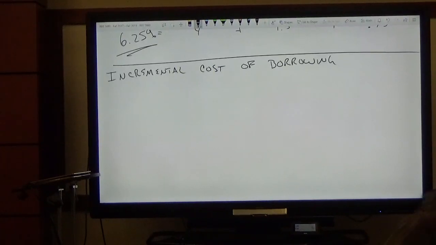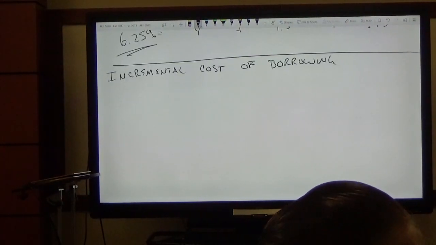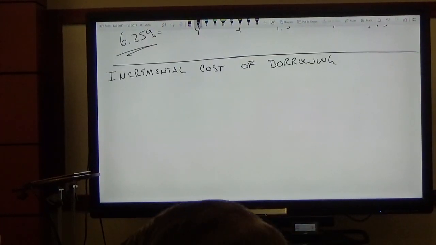You want to make an apples to apples comparison of your cost of borrowing. You'll see what I mean as we work through this example.